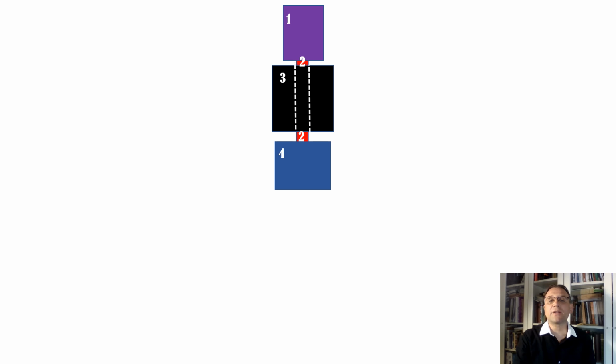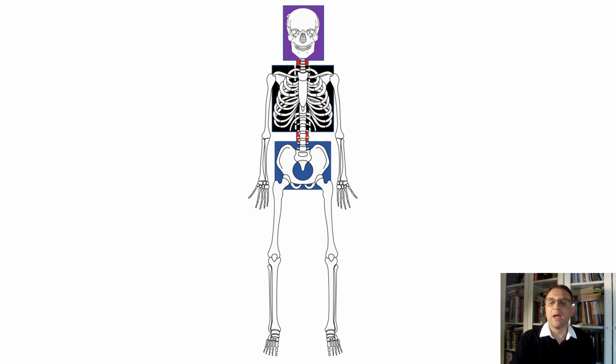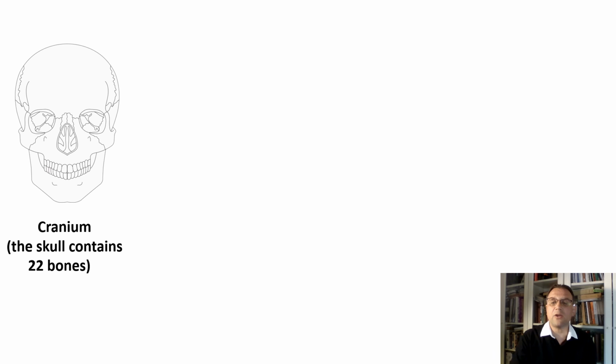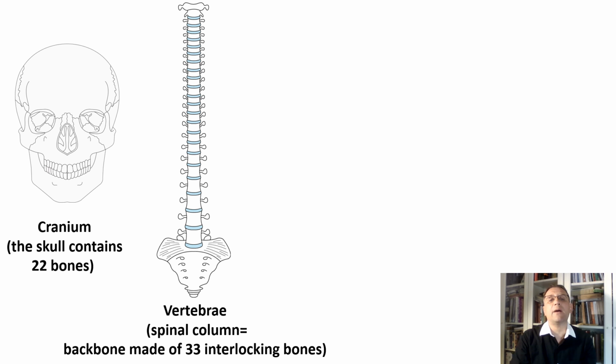Our skeleton and the skeletons of other mammals consist of four boxes. And those are the cranium or skull, spinal column, thorax, and pelvis. The cranium protects the brain. Vertebrae are the 33 individual interlocking bones that form the spinal column.